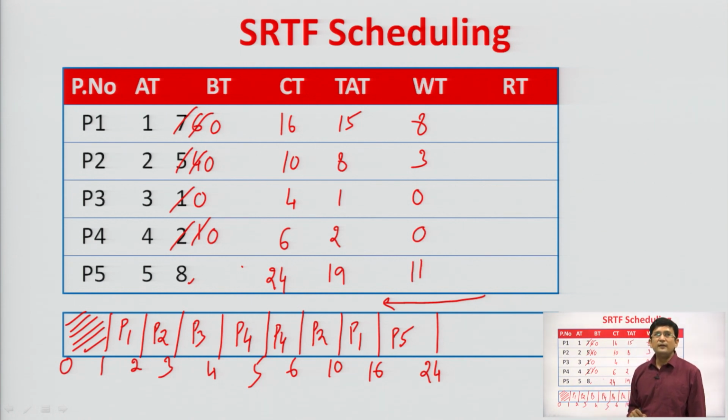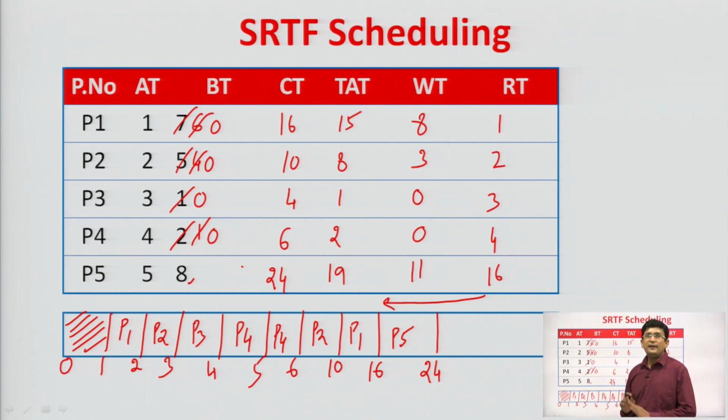Now, let us compute the response times. So, the response time will be found by looking at the Gantt chart and seeing the first time you see a process in the Gantt chart. So, first time you see process number 1 at 1 time, process number 2 at 2 time, process number 3 at 3 time, process number 4 at 4 time, and P5 is seen at 16 time.